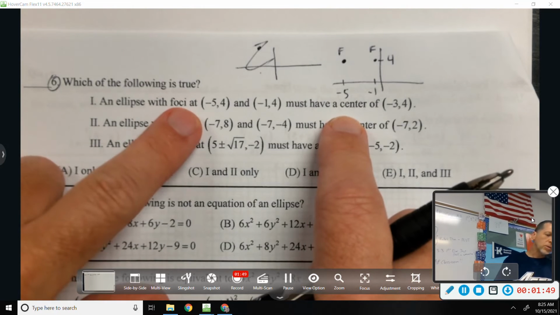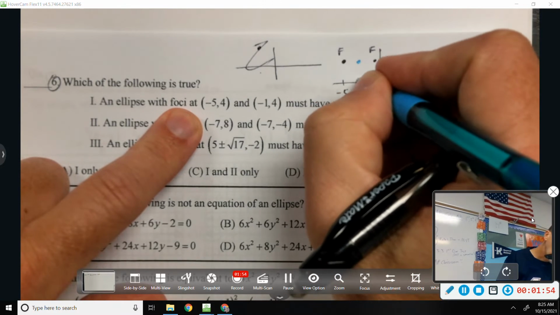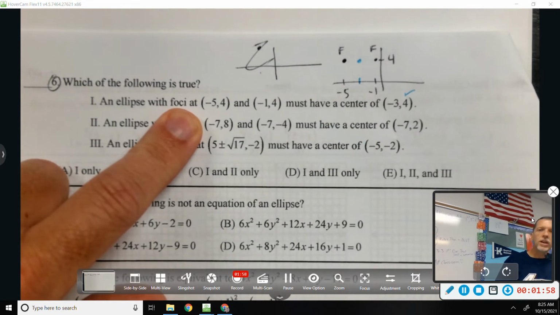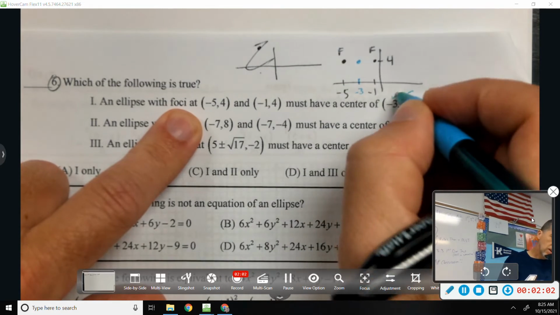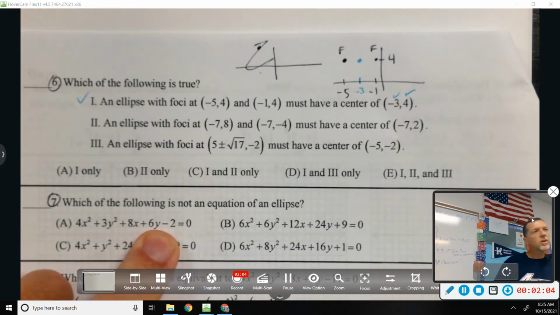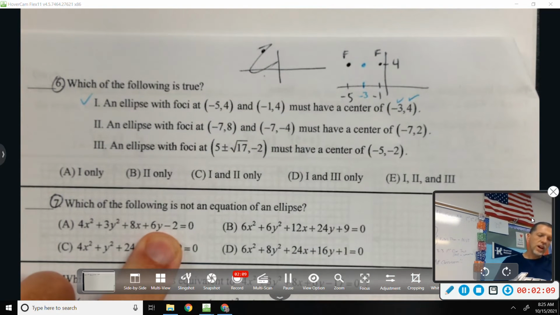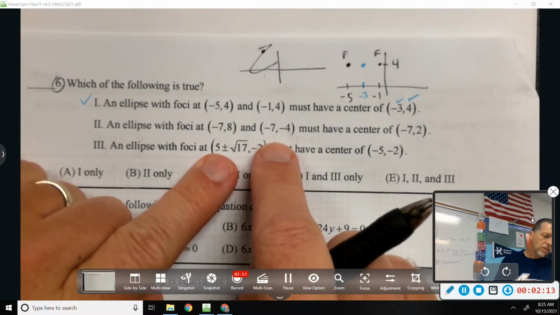It's right in between the foci. So its y value would have to be 4, and its x value would have to be -3. So yes, 1 is true. The center's got to be right in between the foci. Maybe you can figure that out without drawing the picture, but I think the picture is helpful.